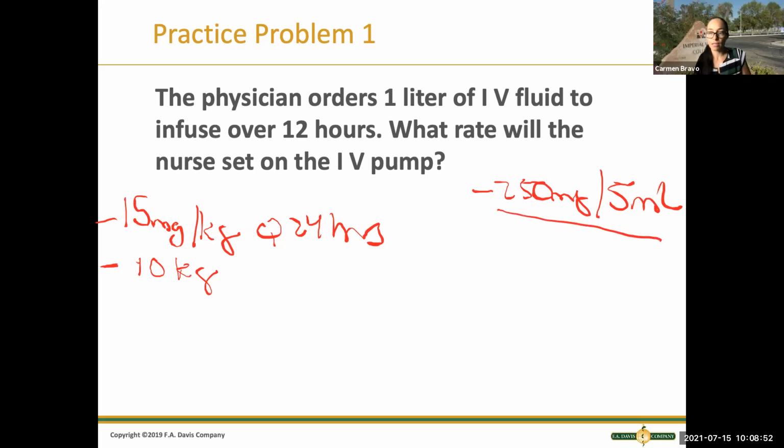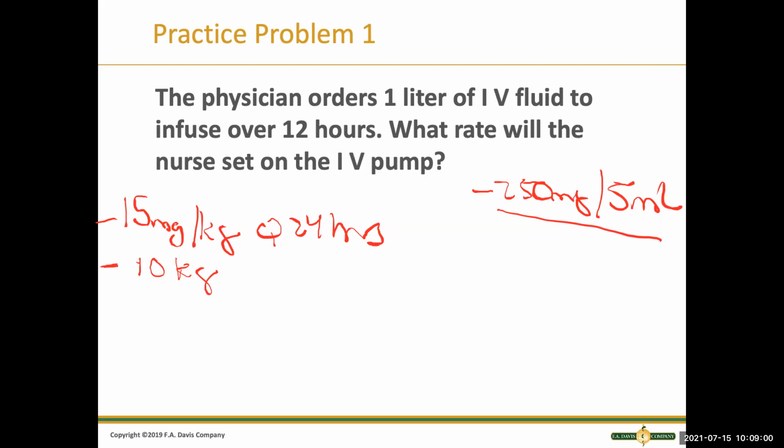But since it's not asking for mLs, it's only asking how many milligrams the nurse will administer. I'm sorry, yes, how many milliliters of the medication?